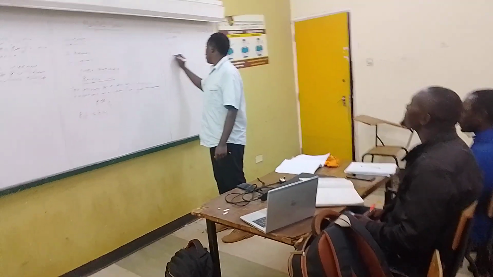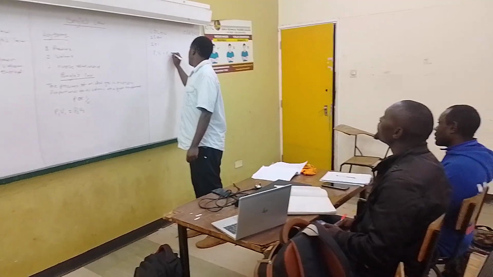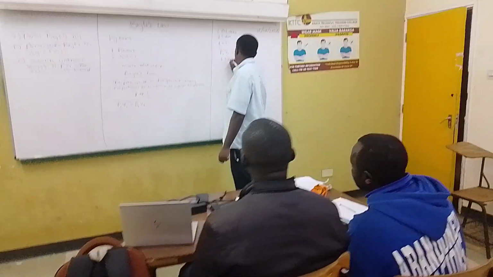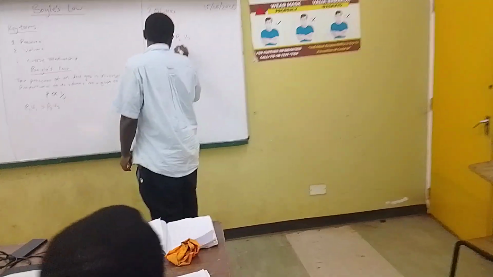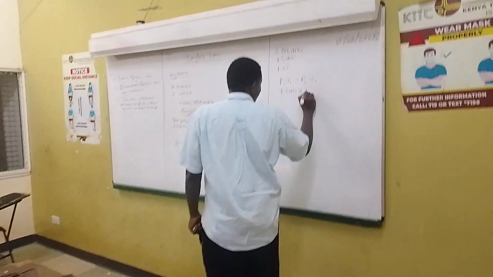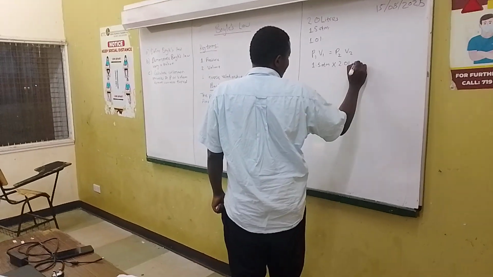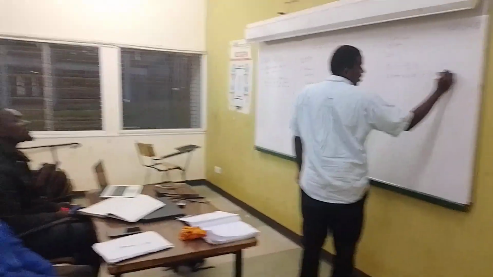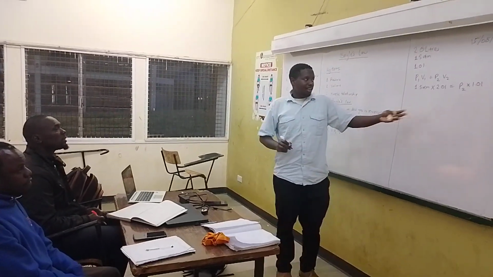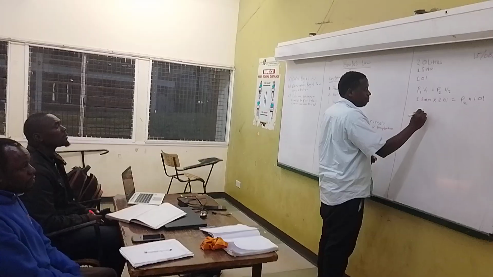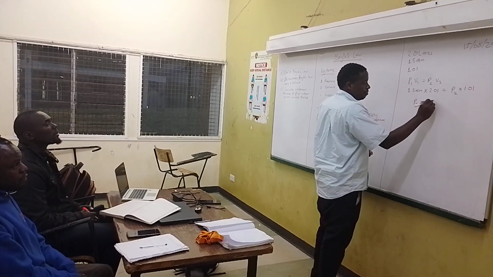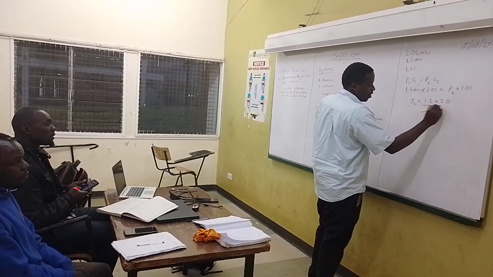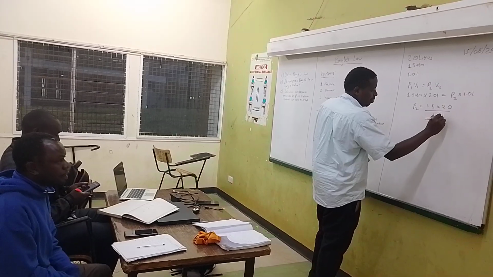We can have the relation P1 V1 equals P2 V2, whereby pressure 1 is 1.5 atmospheres, multiplied by the volume 2.0 liters, is equal to the unknown pressure times 1.0 liter. So the new pressure is equal to 1.5 times 2.0 divided by 1.0.